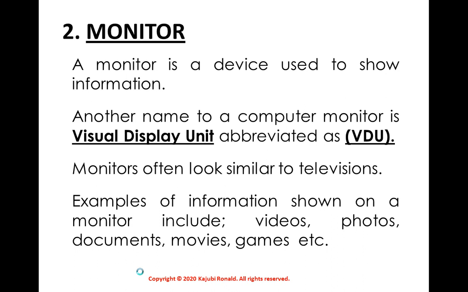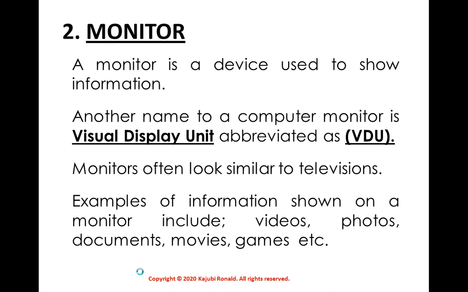Now this time we are looking at what we call a monitor. A monitor is a device used to show information. So it's a computer part used to display. Display means showing. It is a computer device used to show information.